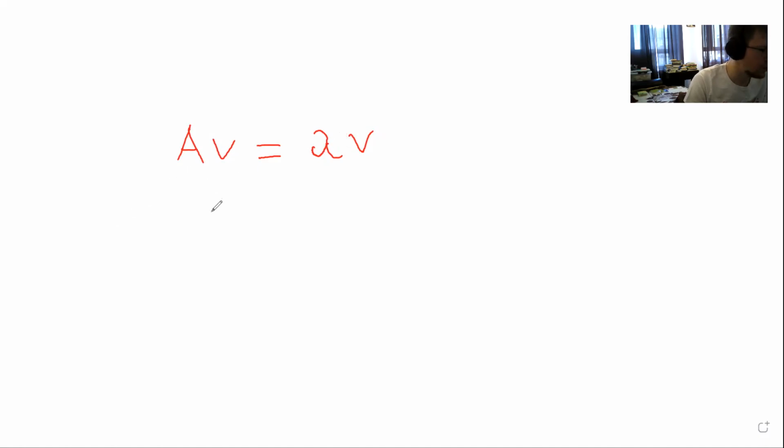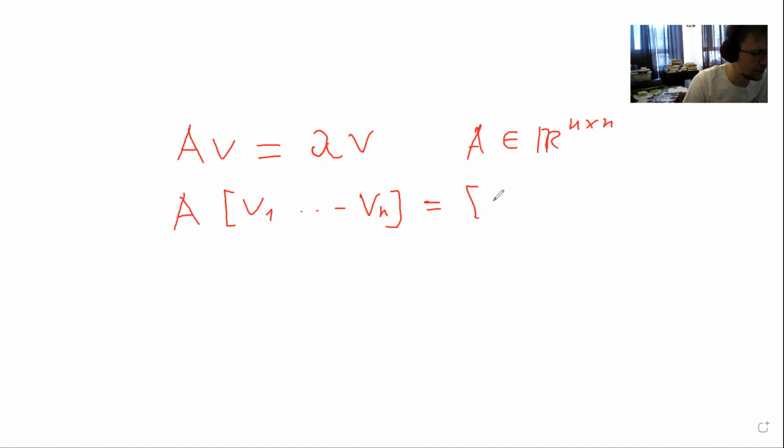Okay, so let's say this matrix is n by n and has n independent eigenvectors. Then you can write it kind of like this. Let me be careful here.